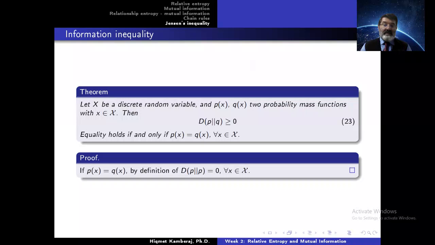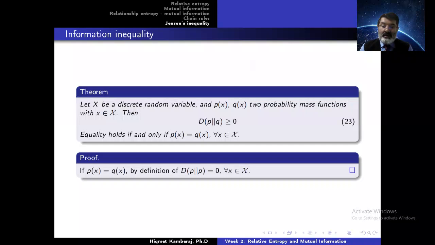Then the relative entropy between p and q is non-negative, so it is greater or equal to 0. Equality holds if and only if p of x is equal to q of x for every x from the alphabet set chi. To prove this one, first we start with the second part.